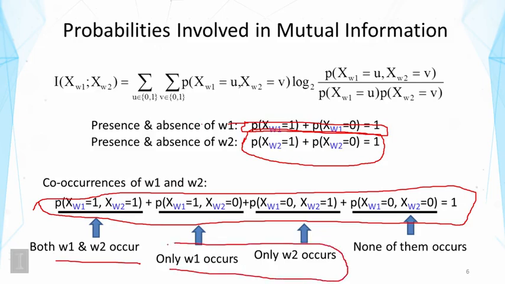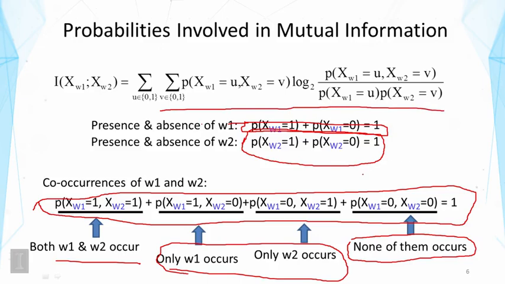There are 2 scenarios. In these 2 cases, one of the random variables will be equal to 1 and the other will be 0. And finally, we have the scenario when none of them occurs. So this is when the 2 variables take a value of 0, and they sum to 1. So these are the probabilities involved in the calculation of mutual information here.